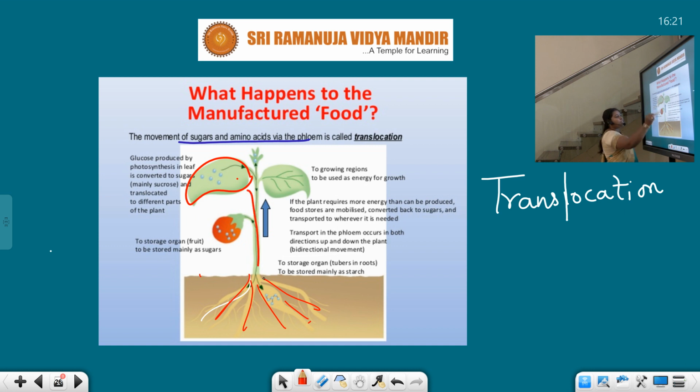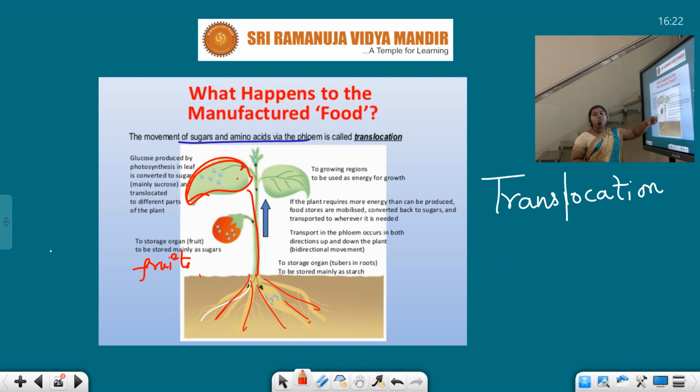It is stored in the form of fruits and buds. Excess food is stored in the form of fruits and buds. And this food is nothing but nutrients.